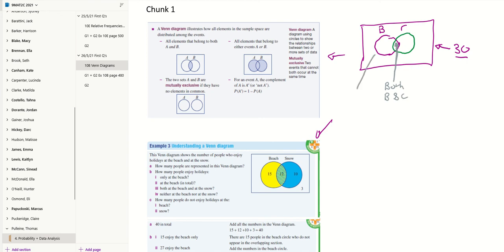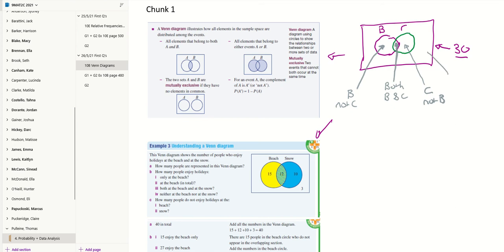Now, in here, this is still inside our circle for those who like basketball, but it's not included inside the circle for those people that like cricket. So this is B, but not C. Basketball, but not cricket. People that end up inside here are inside our cricket circle, but not in our basketball circle. So it is those who like cricket, but not basketball.